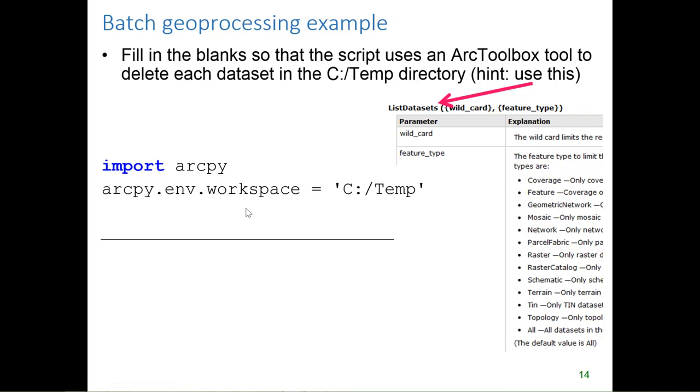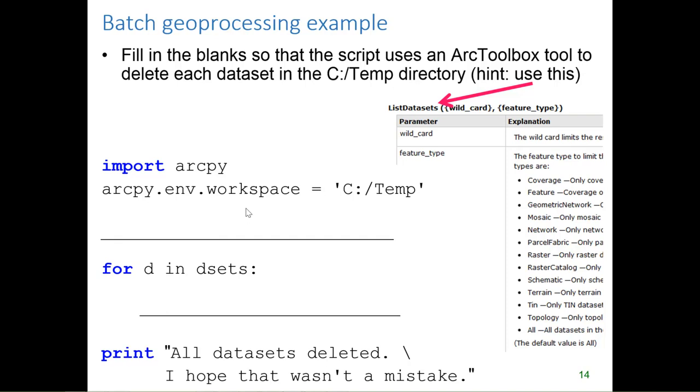So fill in the blanks. There's a blank here. And then once we do that, we can say for d in dsets, fill in the blank. And once we do that, we can say all data sets deleted. I hope that wasn't a mistake.